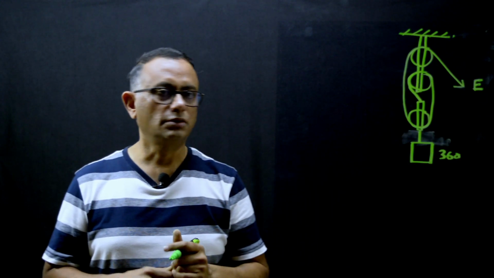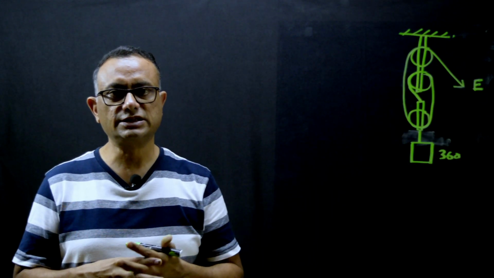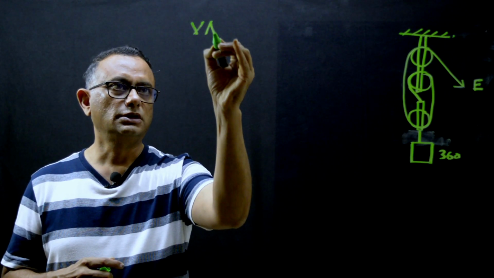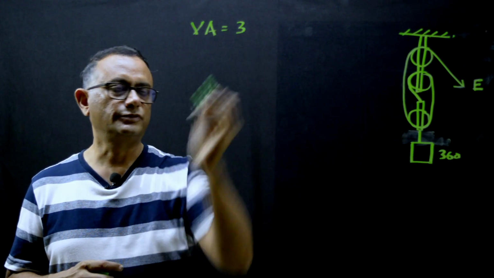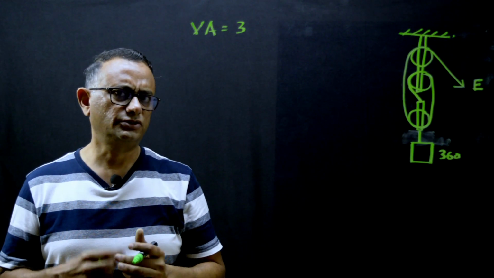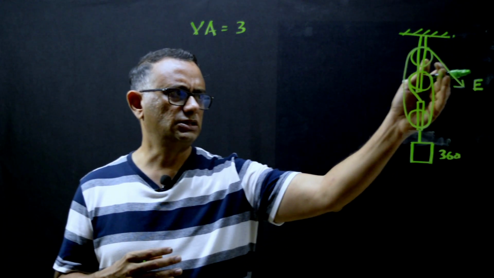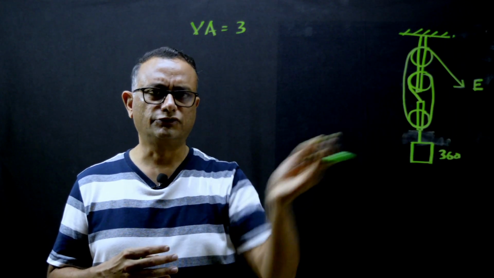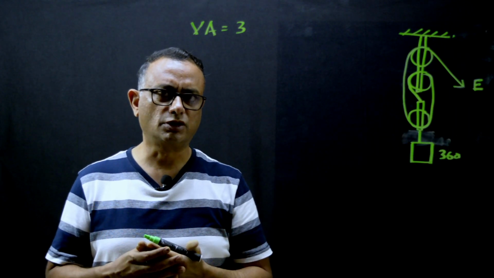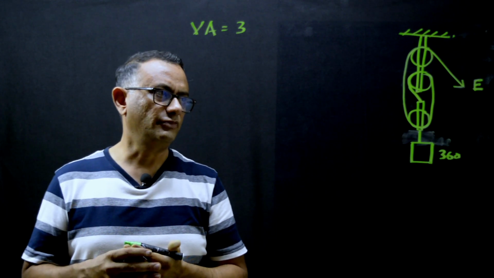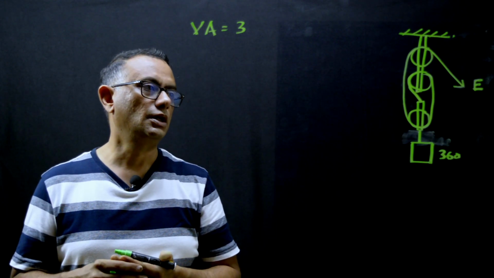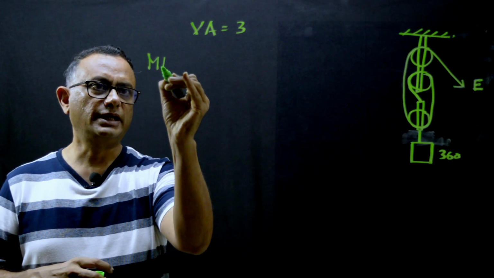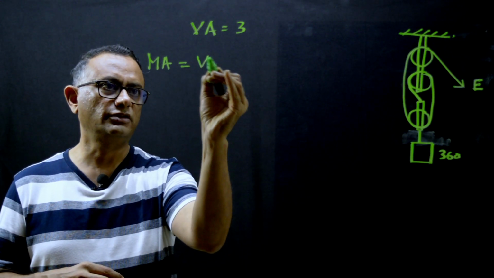Okay, so if you know it is a 3 pulley system, velocity ratio is going to be equal to 3. Okay, what is the velocity ratio? Just as a revision, what is the velocity of the effort and what is the velocity of the load? A comparison of this is what is called the velocity ratio, velocity of the effort by velocity of the load. And in an ideal system, we know that mechanical advantage is equal to the velocity ratio.